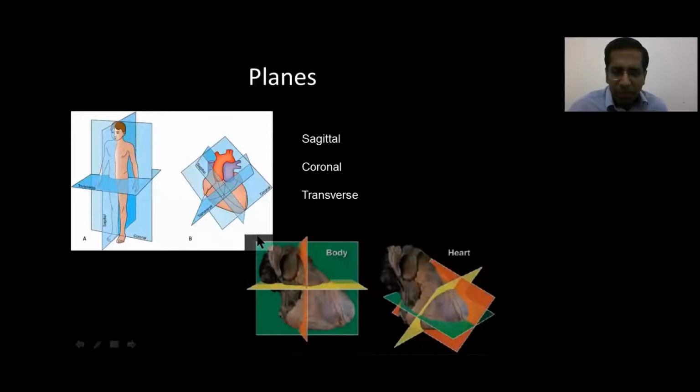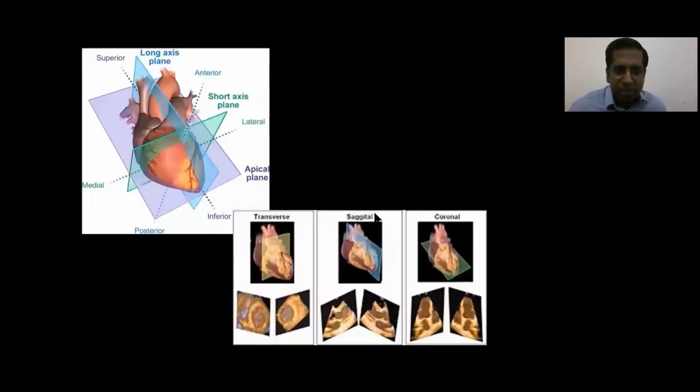Just to drive home the point, this is how the heart lies in the body, in the bottom left panel. And these would be the three planes that I have just talked about. But extending this into how it would apply to the heart, you would have the sagittal, coronal, and transverse planes.